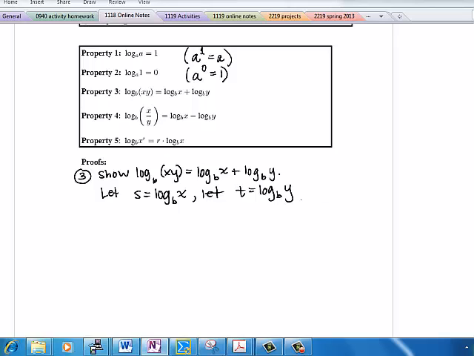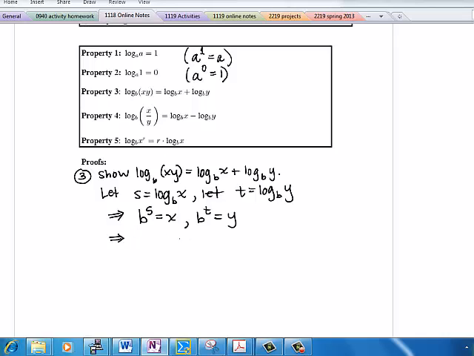And then what we want to do is think about how to rewrite those equations in an exponential form. So what we would have would be the base b with the exponent s would give us x, and the base b with the exponent t would give us y. And what we're interested in is finding out what exponent we put on b to get that product of x times y.